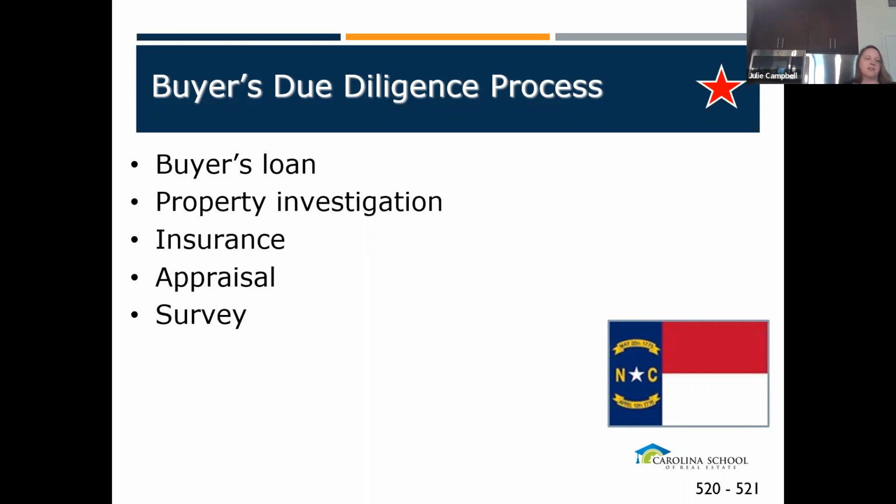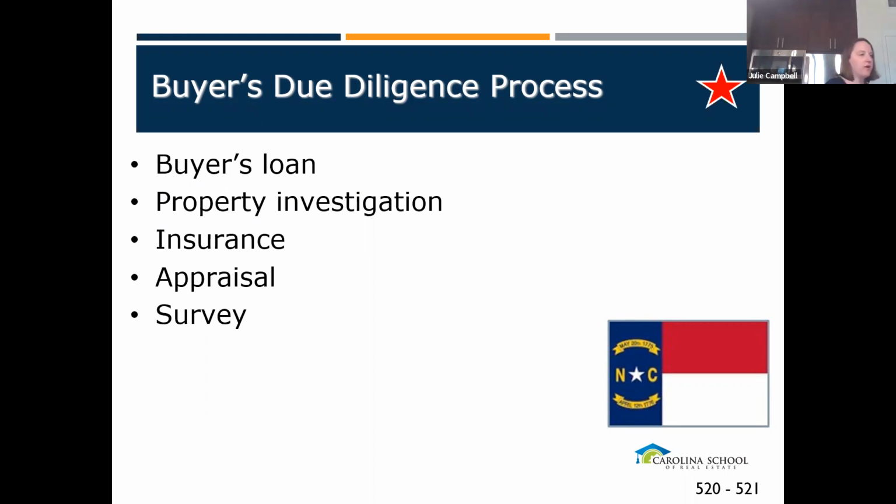A contingency says, I don't have to perform if this action doesn't first happen. I don't have to do B if A never happens. So in a loan contingency, basically what the buyer's saying is, I don't have to buy your home if I don't get loan approval. Our contract does not have any built-in contingencies.